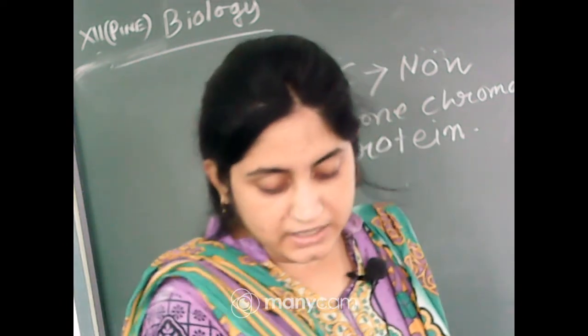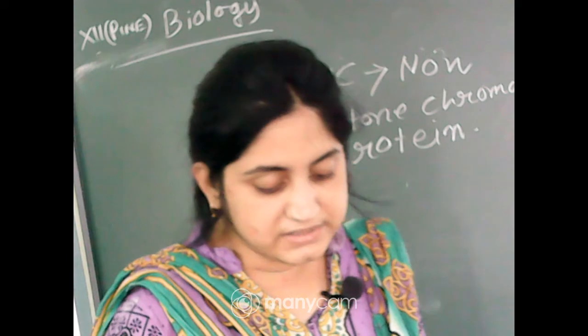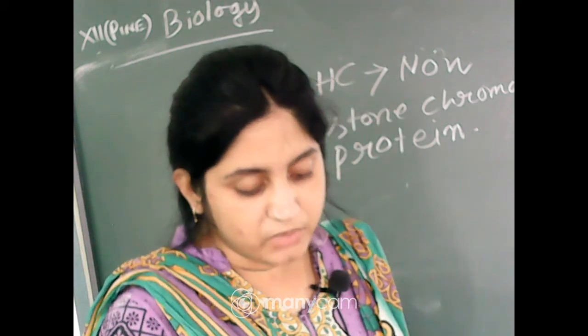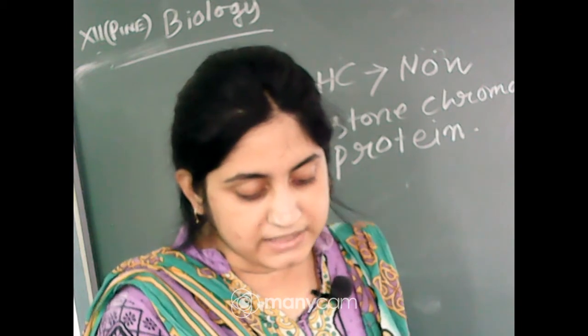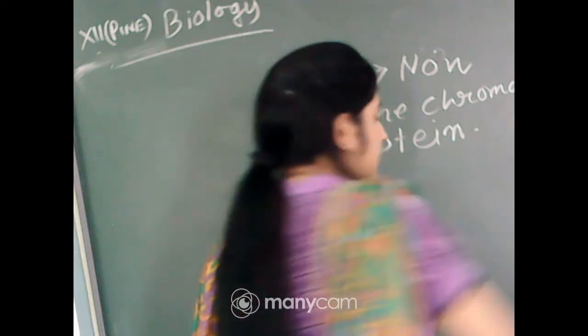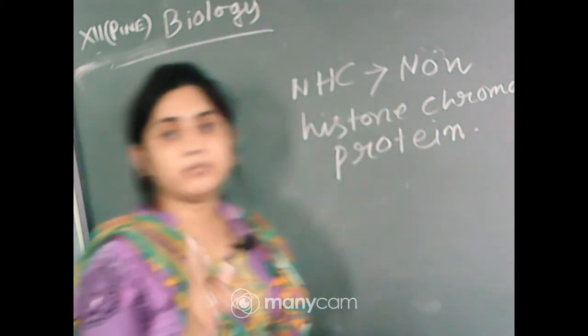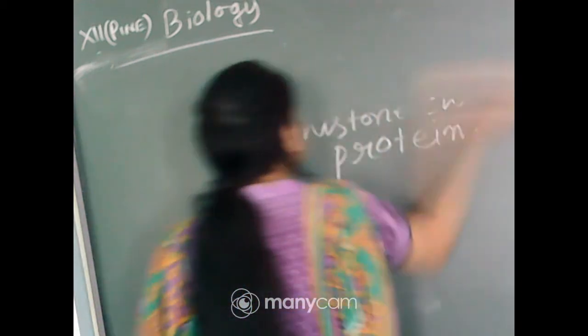In a typical nucleus, some regions of chromatin are loosely packed and referred to as euchromatin, and the chromatin that is more densely packed and stained dark is called heterochromatin. So you can see two types of chromatin, euchromatin and heterochromatin.